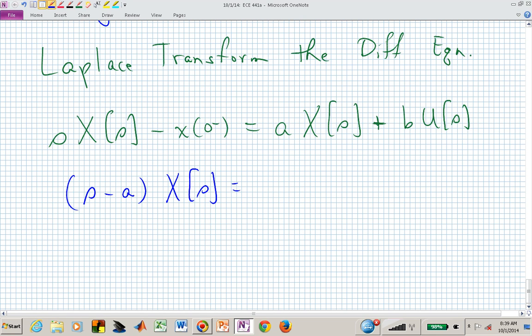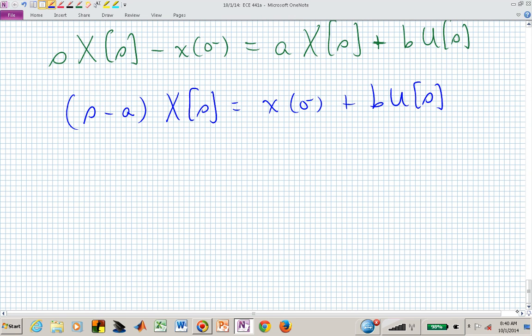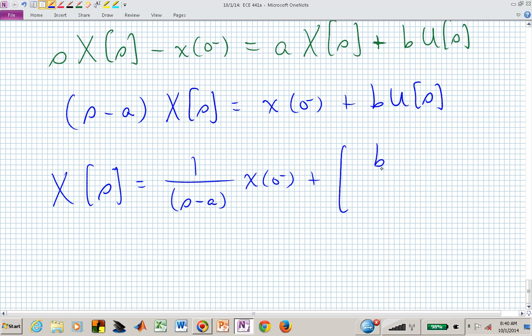Let me move that initial condition over to the right, and let me solve for the Laplace transform of my state variable, capital X of s. I can now say that I have 1 over s minus a times a constant, which is my initial condition, plus b over s minus a times U of s.